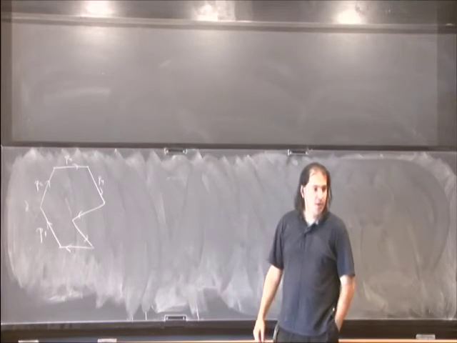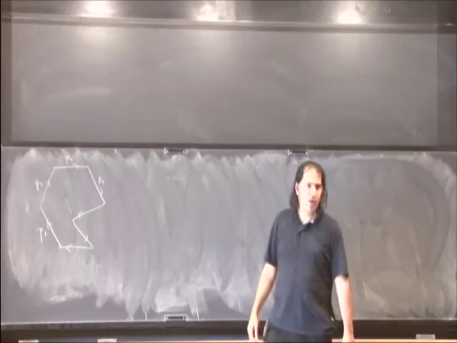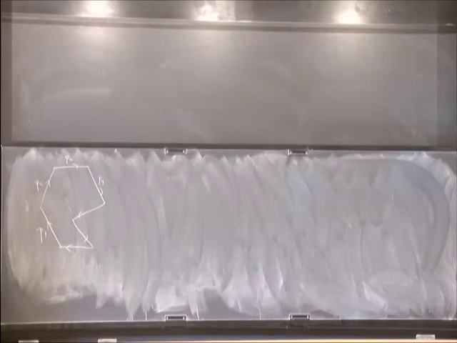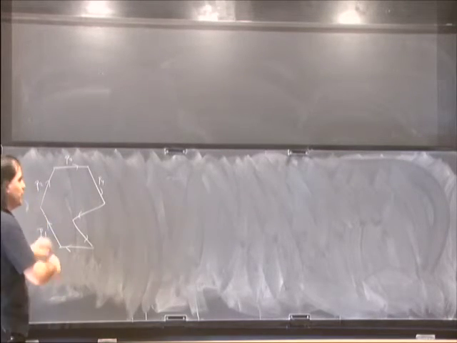They may cross itself; it can do all sorts of things. This is in some four-dimensional space, because the four-momenta are each four-dimensional.